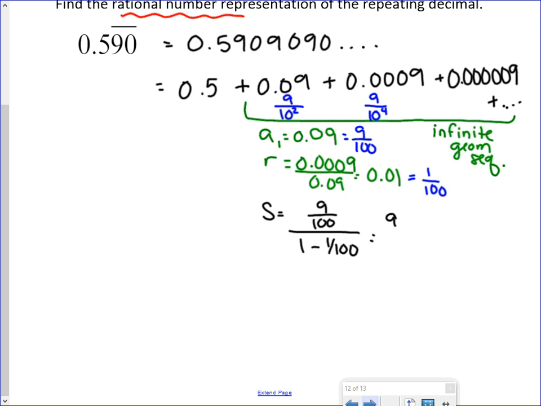And then this would be 9 over 100 divided by 99 over 100. 1 minus 1 100th is 99 100ths. It looks kind of ugly there, but it's going to clean up real nice because you multiply by the reciprocal, 9 over 100 times 100 over 99.